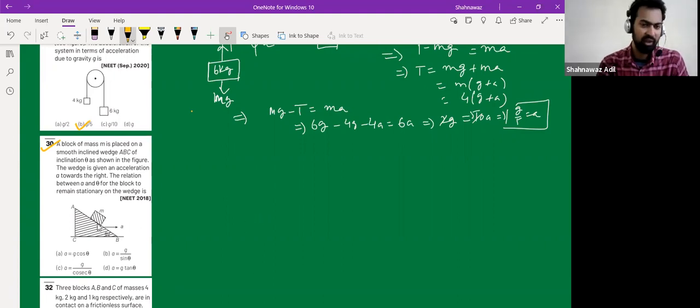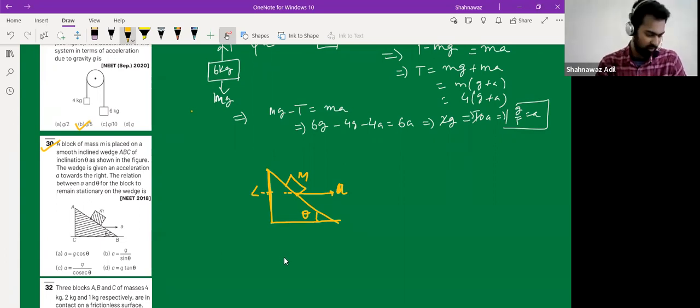So these are moving, right? Let me make the diagram. So this wedge is moving like this, and there is some mass, and this is theta, right? So we have to apply the non-inertial frame.